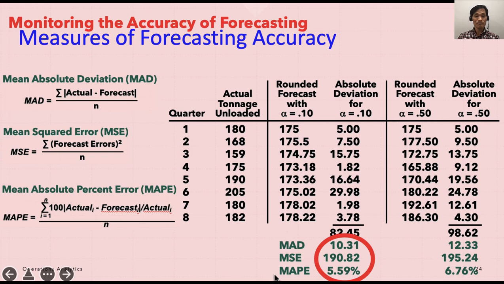So all these three measures tell you that the first model, where alpha is 0.10, less sensitive to the past changes, is better than the sensitive model, that you can tell right away. So if you just compare these two models, the first model is better and gives a better forecast, you want to go with this one. So this is how you tell the accuracy of the forecasting model.